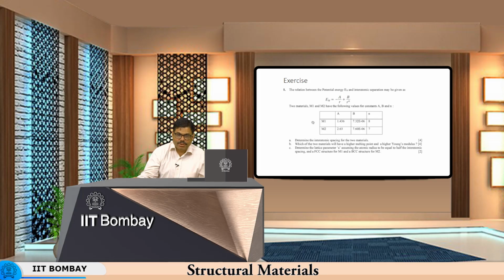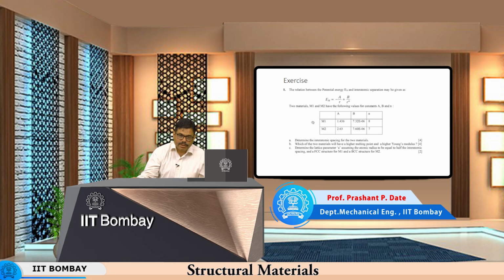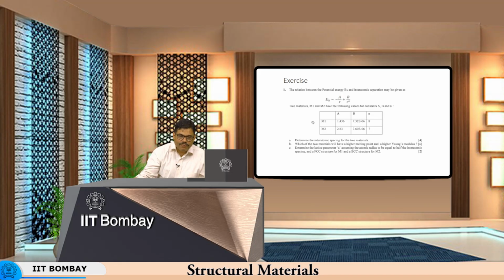Based on the shape of the curve, you will interpret that to have a higher Young's modulus and higher melting point. The third part will require a little bit more discussion on the arrangement of atoms, and therefore we will defer it for now, but sections A and B can be done based on what we have discussed today.